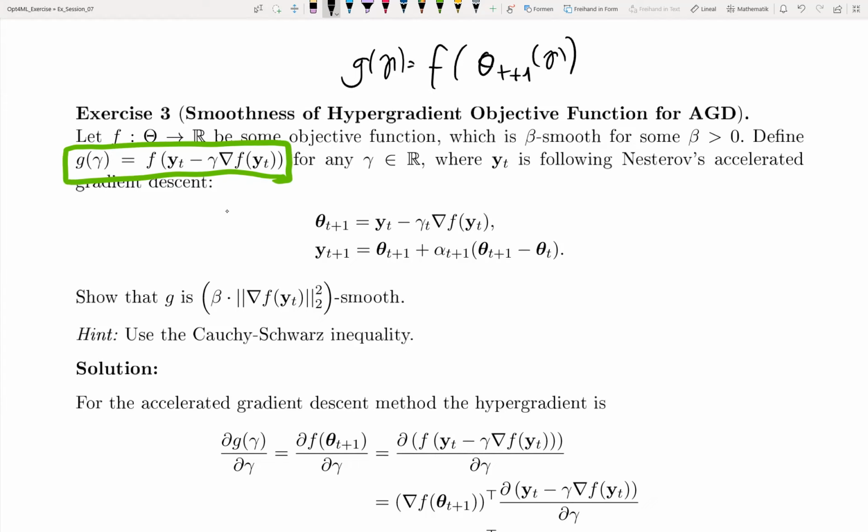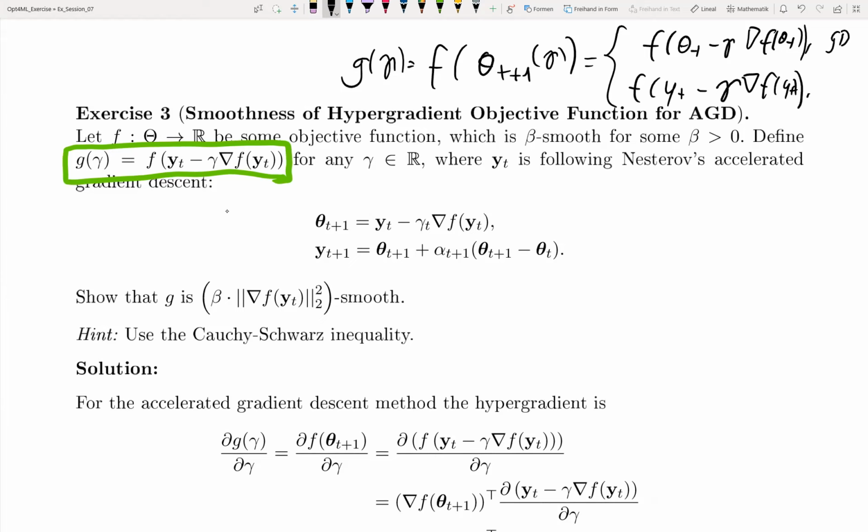The gradient descent way is that you have here f of theta t minus gamma gradient f of theta t. This is for the plain gradient descent. Or this is now what we will look at: the accelerated gradient descent, where instead of the theta t's, you have these look-ahead steps with the y t's replacing the theta t.